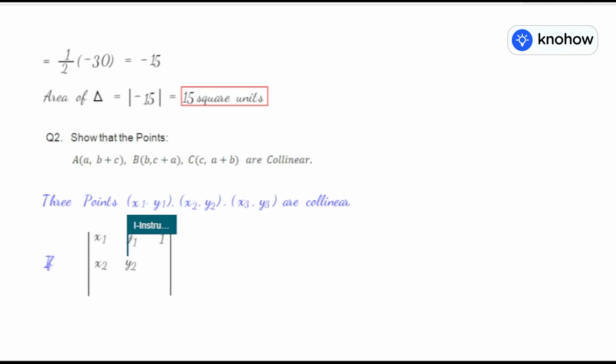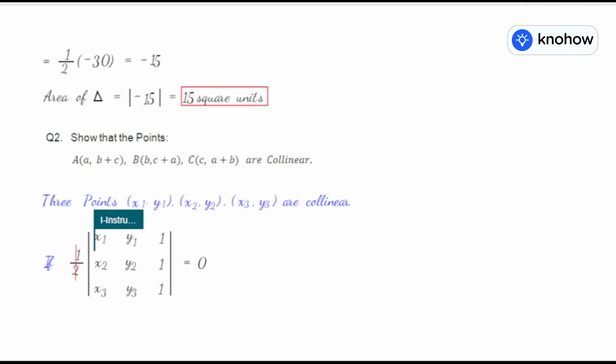That is the condition. Because actually this is the area of the triangle with half times, but half we can cancel, this being equal to 0. So the condition reduces to the value of this determinant being 0.